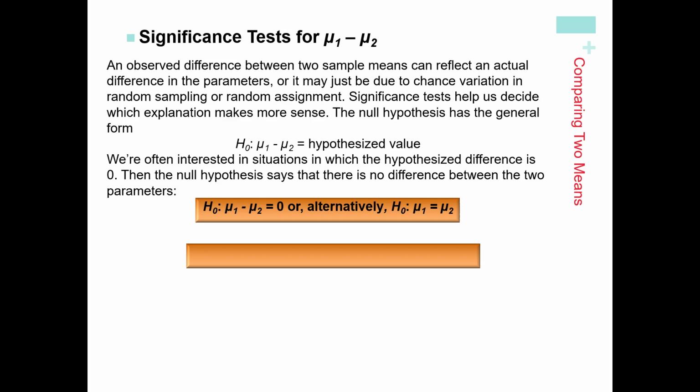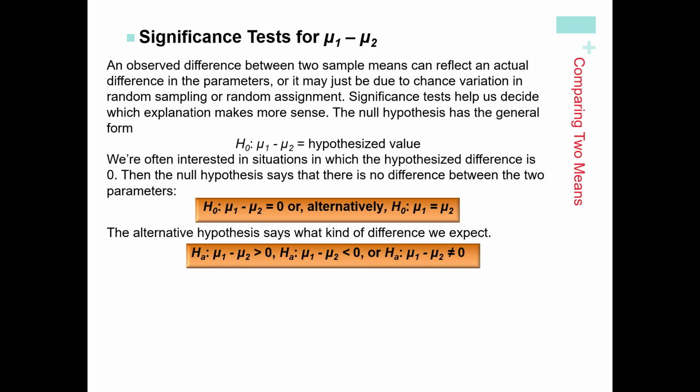That leads us to our options for an alternative hypothesis. There are 3. Some of you who've been paying close attention when we talked about proportions are already going to be able to predict what these are. They are mu1 is greater than mu2, mu1 is less than mu2, or mu1 is not equal to mu2.